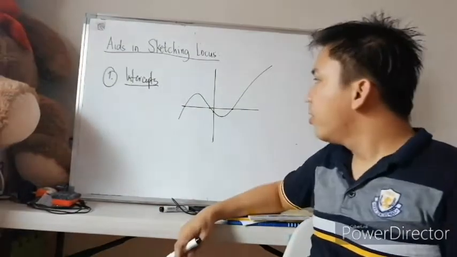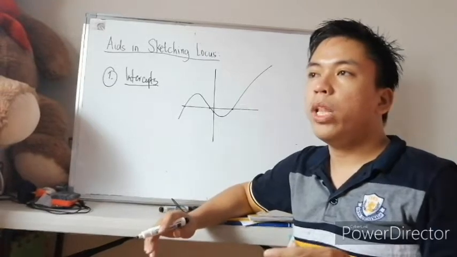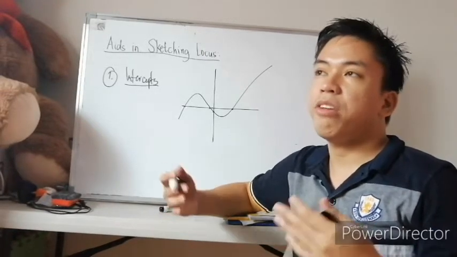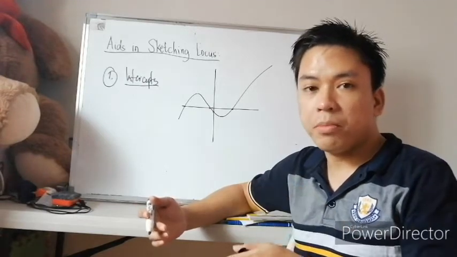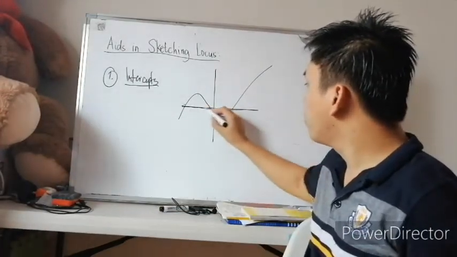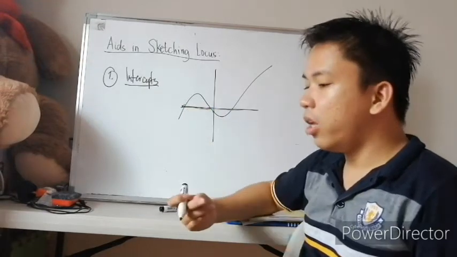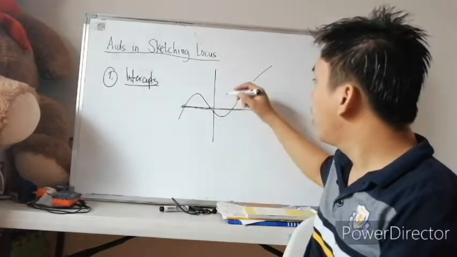In order to solve for the intercepts, when solving for the x-intercept, we assume y becomes 0, because at this value, y is 0. For the y-intercept, we assume x becomes 0.